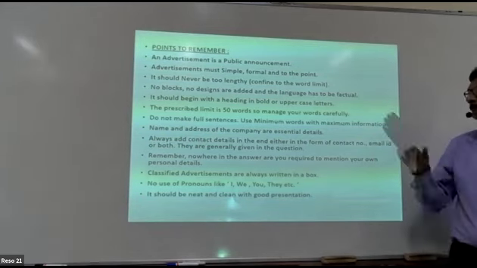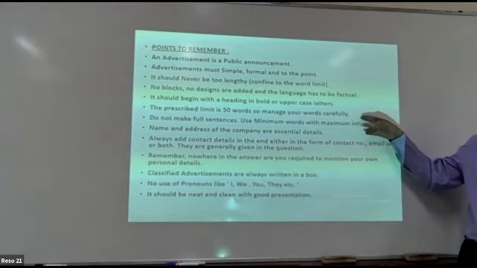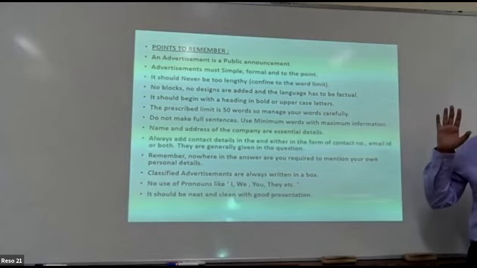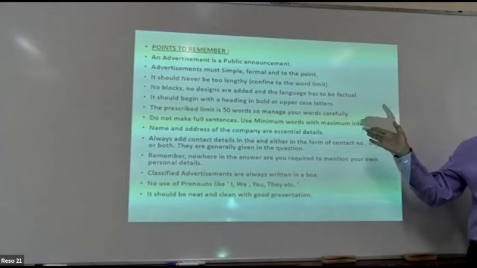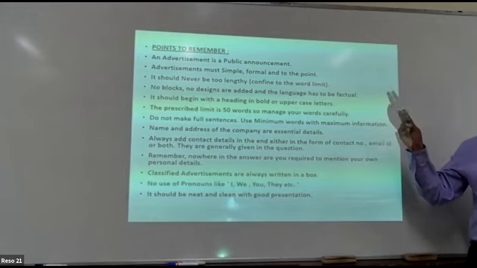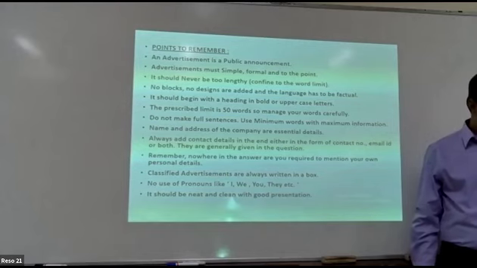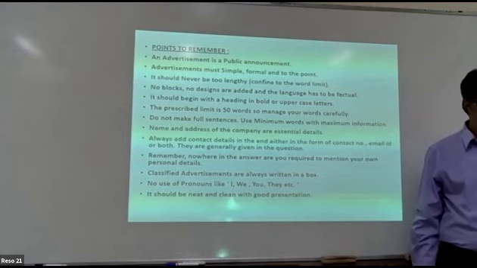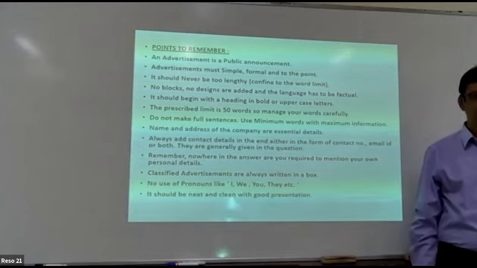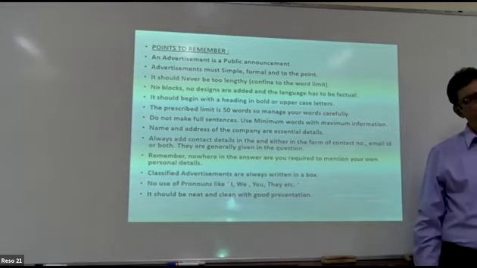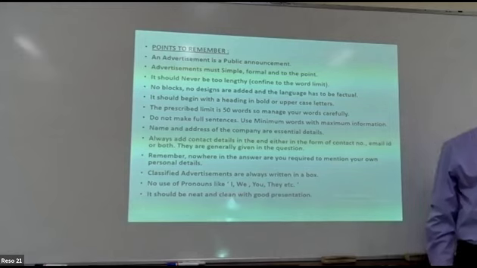Yes, that should be in uppercase. The prescribed word limit is 50 words for all the short compositions, whether it is notice, advertisement, or one more short composition which is for term 2, that is invitation and the reply. The word limit is specified 50 words, short composition.